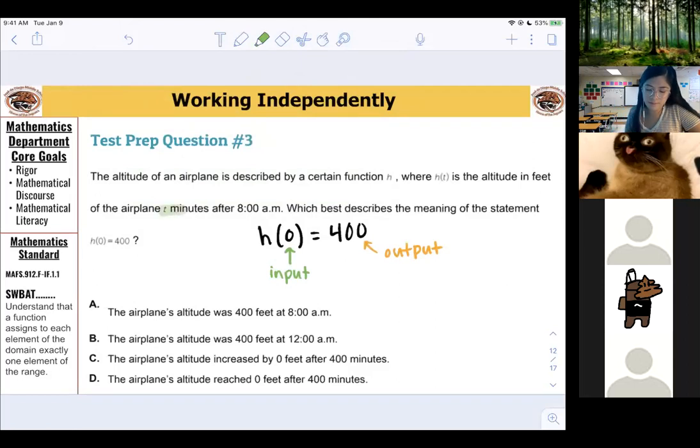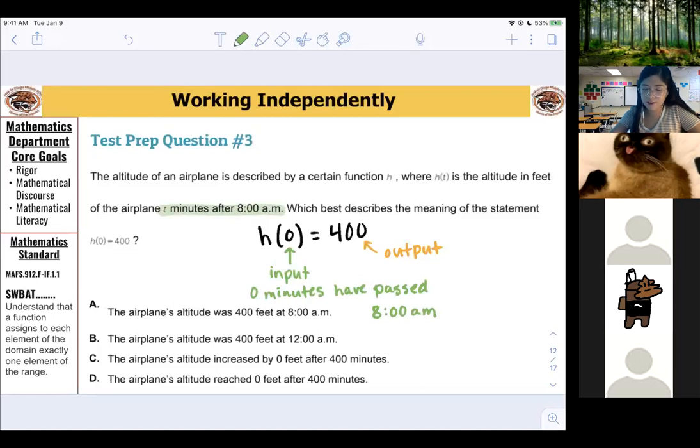Minutes after 8 a.m. So if my input is 0, that means I have had 0 minutes after 8 a.m. So what time is it? 8 a.m. Because the input is 0, so 0 minutes have passed, which means it's 8 a.m. Based on that, I can already get the right answer.